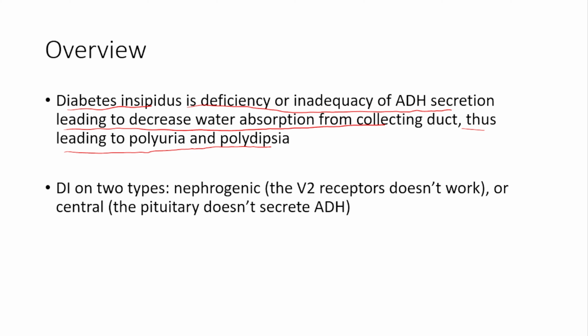The patient would drink a lot of water, sometimes reaching 20 liters per day. And diabetes insipidus has two types: the nephrogenic, where the V2 receptors don't work, or the central, where the pituitary gland doesn't secrete ADH. So it is either a problem in the kidney, where the V2 receptors are not working, or it is central, where the pituitary gland doesn't secrete the ADH hormone.